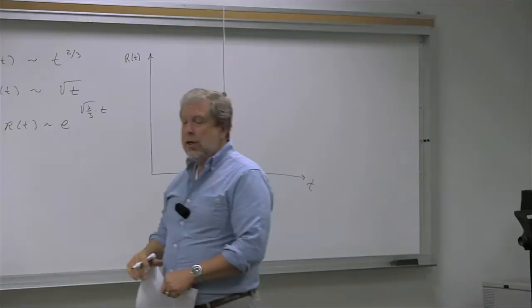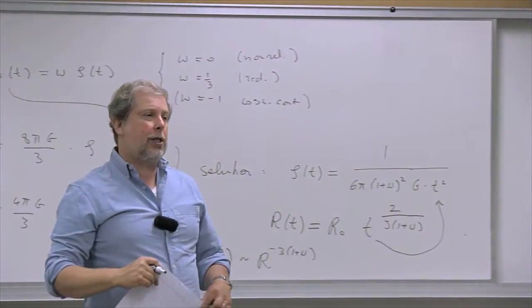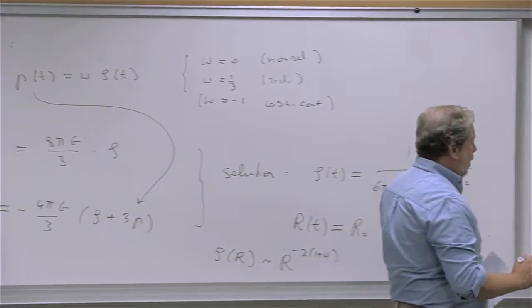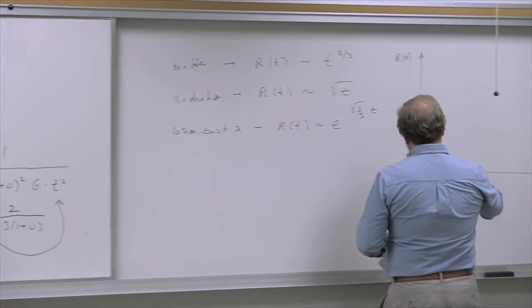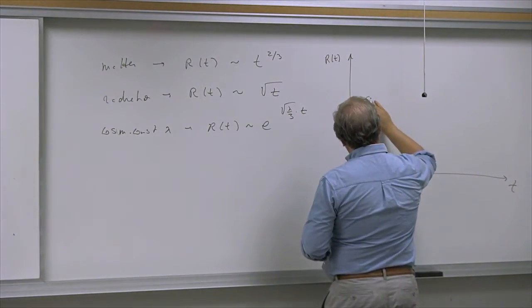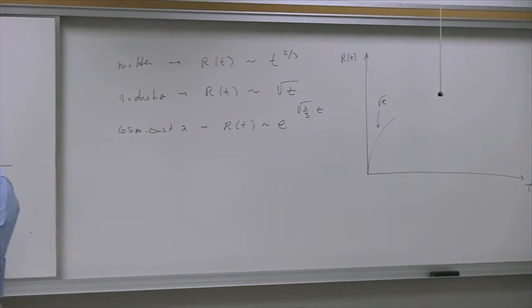Now, when the universe is young and hot, most particles are moving at relativistic speed. There's a lot of radiation contribution in that era. And so out here, the universe starts out with the square root of t. Right? The square root of t behavior is important.